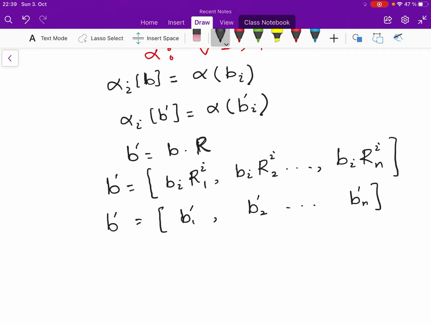So now I write it in this manner: let me write alpha I in the old coordinate, new coordinate system.